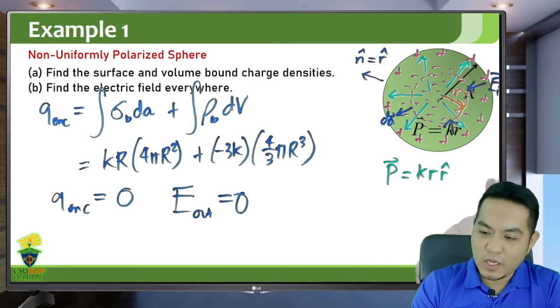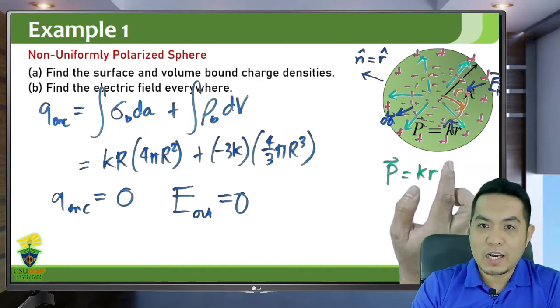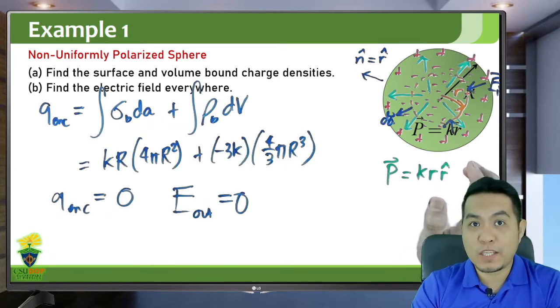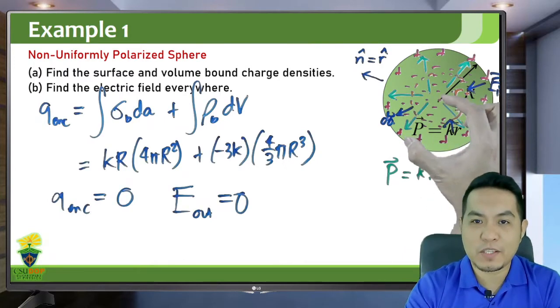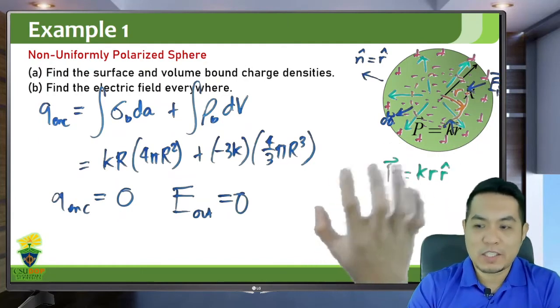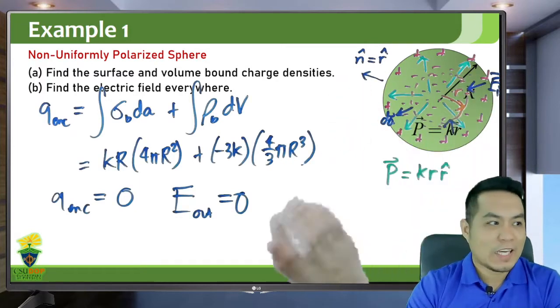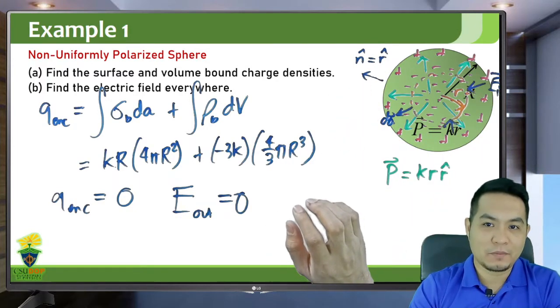This is what you get when you have a frozen-in polarization, a polarization that is already frozen within the material. Essentially, there's no electric field outside of the material, only inside of the material. Okay.